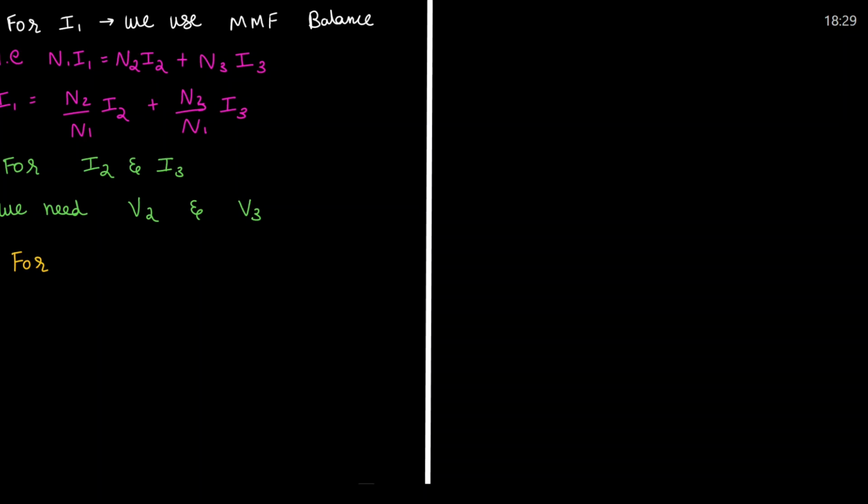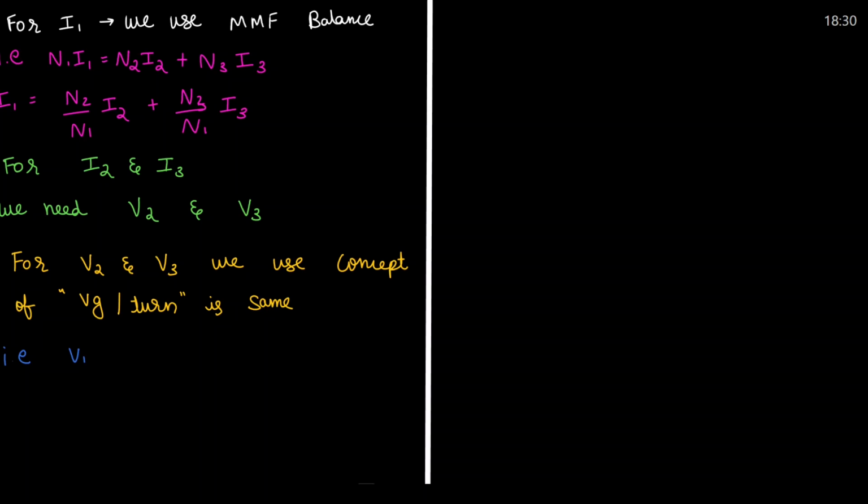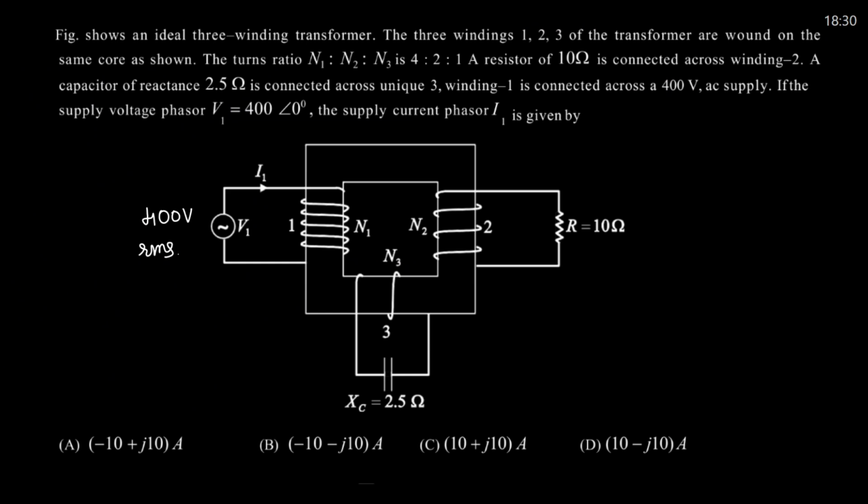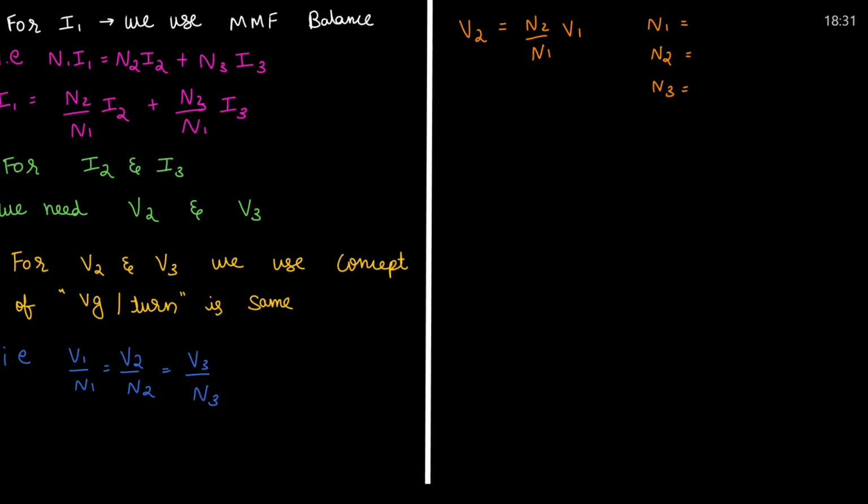Again, for finding V2 and V3 we are going to use the concept that voltage per turn is always the same. That is, V1 by N1 equals V2 by N2, which in turn equals V3 by N3. Now we can find V2, which is N2 by N1 into V1, and for the ratio of N1, N2 and N3 we have 4:2:1.